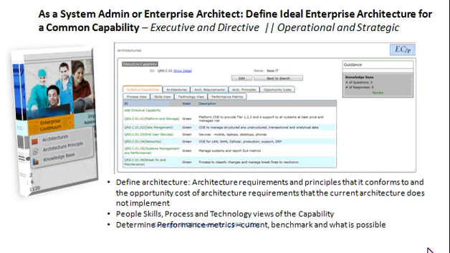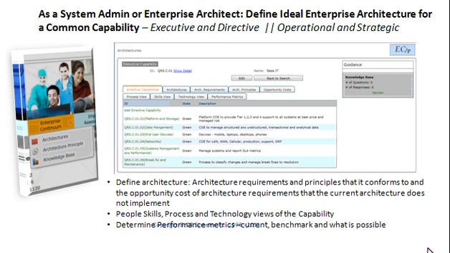We have defined performance metrics for these capabilities, and frequently we define benchmarks for those performance metrics. Once these capabilities are extended to the organization, you will have process, skills, and technology views associated with that capability.